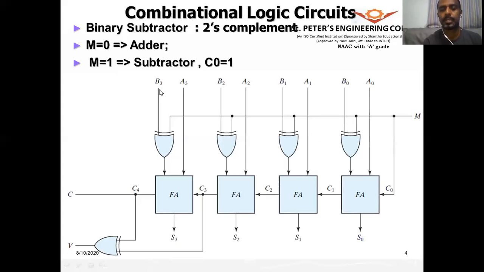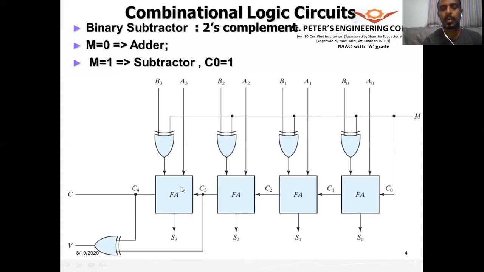Now, if we are doing the addition also, and suppose we are doing signed numbers. So far what we had discussed is only unsigned numbers, where we don't have an extra sign. Suppose you are dealing with signed numbers, then this V bit, which is an XOR of the overall carry and the carry into the final stage, that means the carry to the previous or the final stage input.